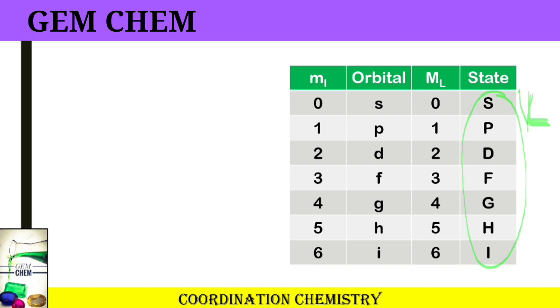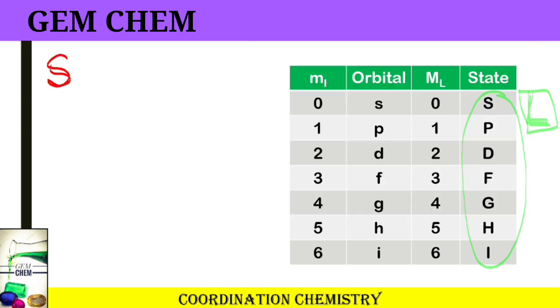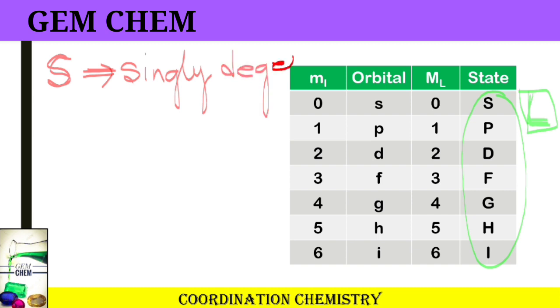This represents the L. From here only, we will understand what the term S means. So S actually denotes singly degenerate. That is, there is only one state and there is no way to exchange energy.